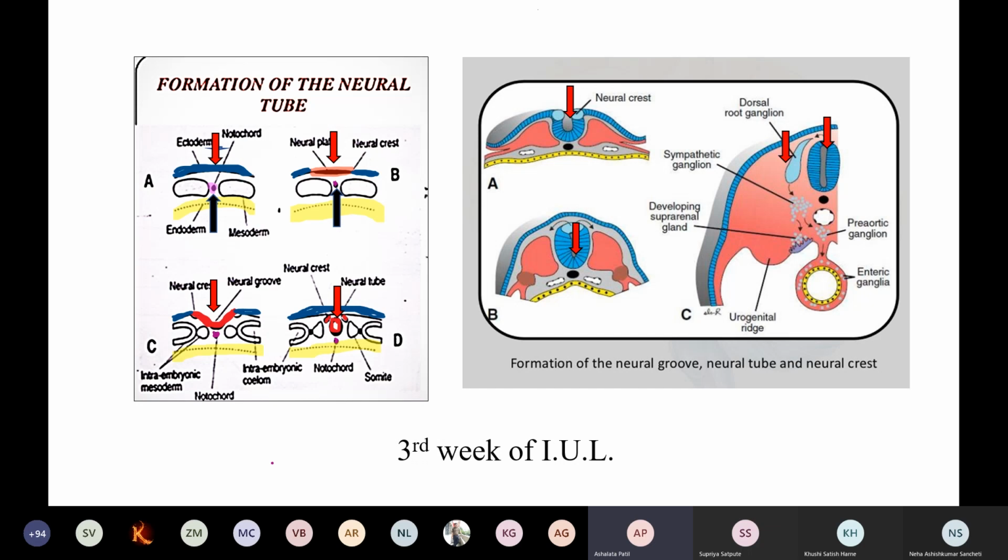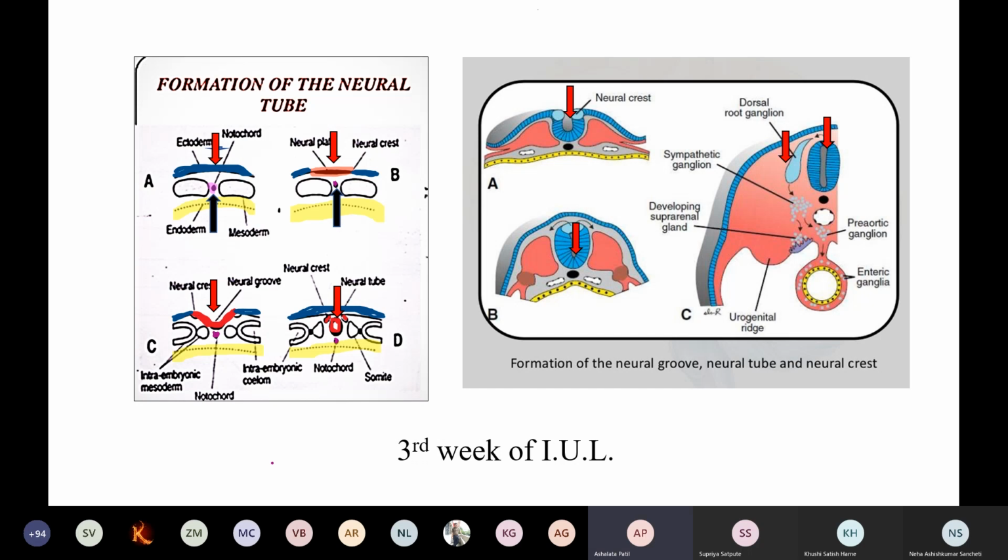It sinks further, and the neural groove gets detached from the surface ectoderm and forms a tubular structure called the neural tube, which lies just beneath the surface ectoderm and dorsal to the notochord.